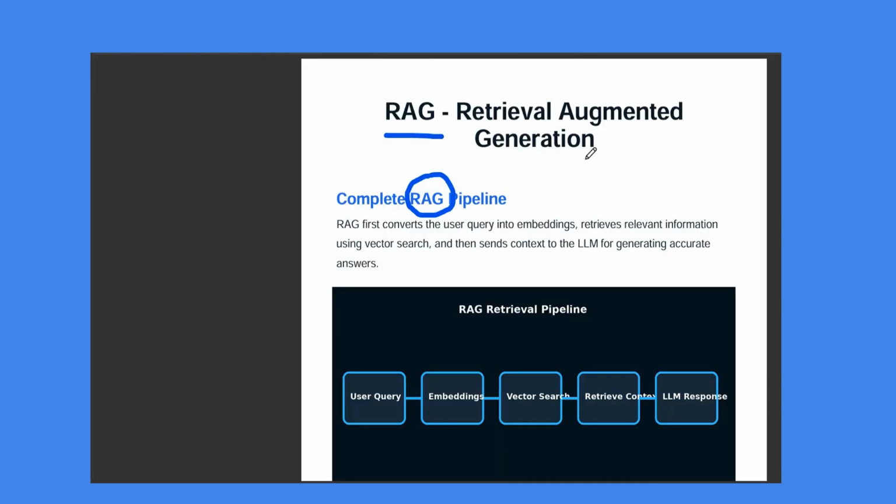See, normally when we ask something to ChatGPT, not only ChatGPT, any AI assistant, it gives answers from whatever data it was trained on.